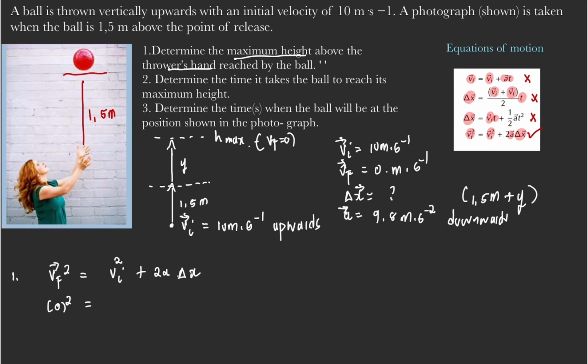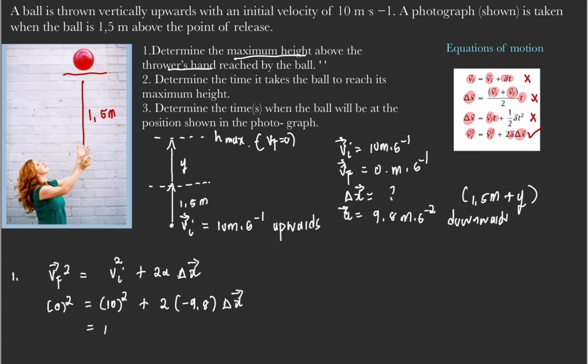So we're going to have 0 squared, which is equal to our initial velocity squared, which is 10, we were given that one, plus 2 into our acceleration. We said it's constant, always 9.8 meters per second squared downwards. Because of the direction being downwards, we put it as negative 9.8 meters per second squared, multiplied by our change in x, which is the distance or the maximum height that we are looking for.